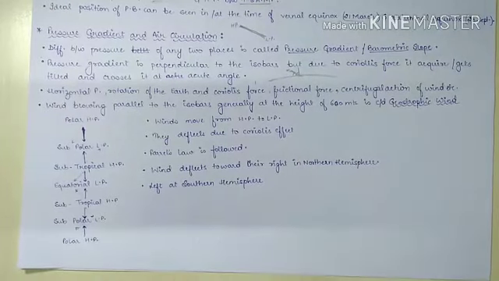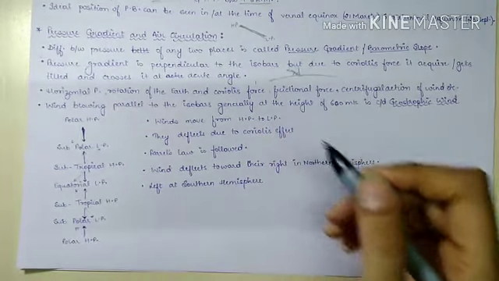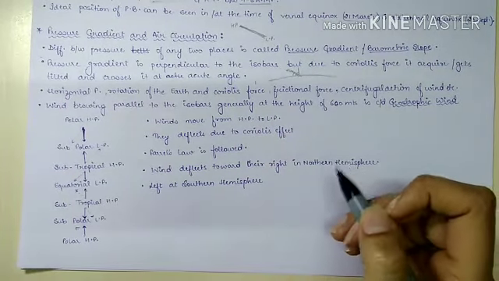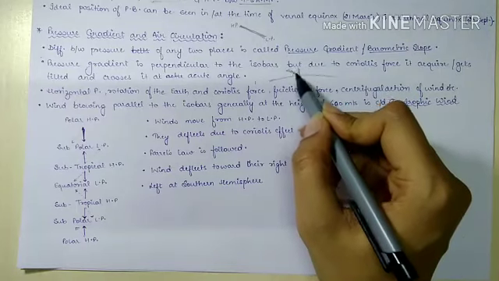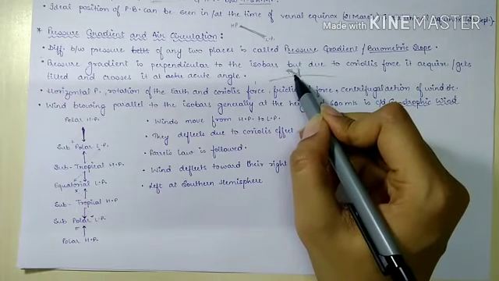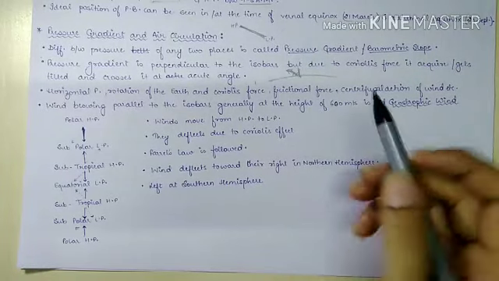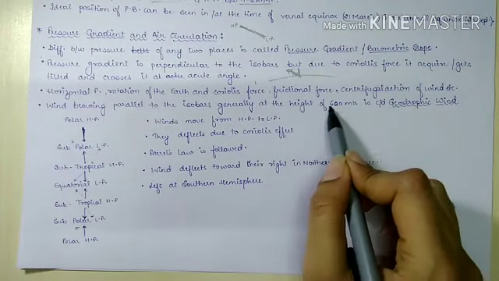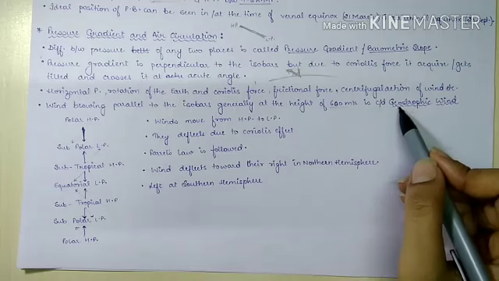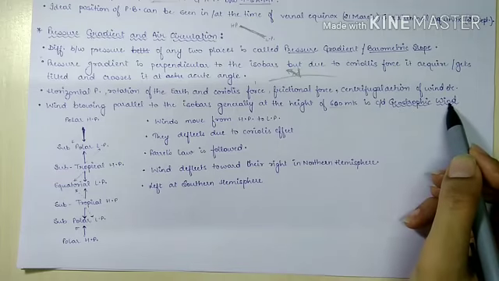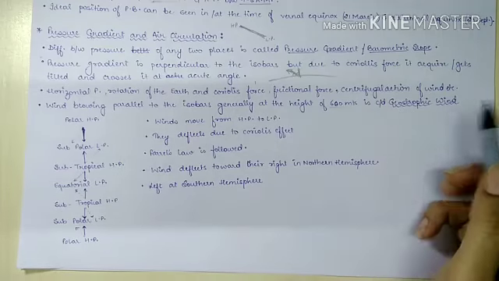Winds never blow parallel to the isobars. Why? Because of this reason. So if they are moving parallel to isobars, that is generally at the height of 600 meters, they are known as geostrophic winds, okay.